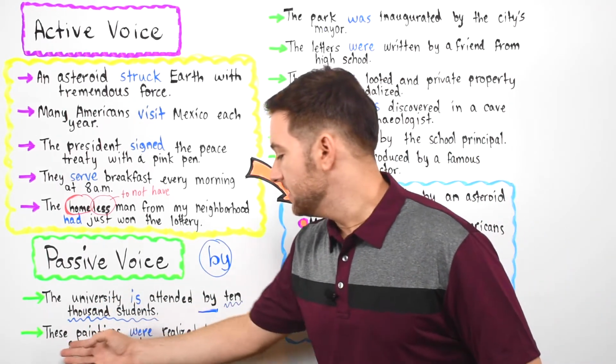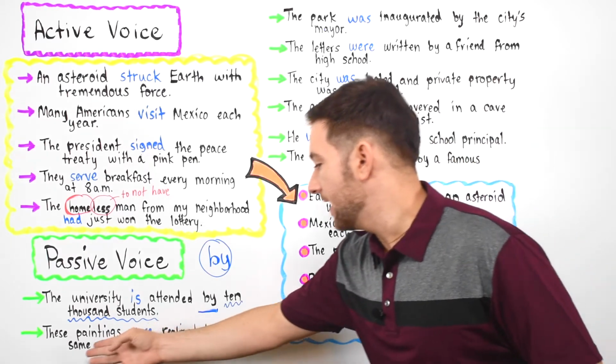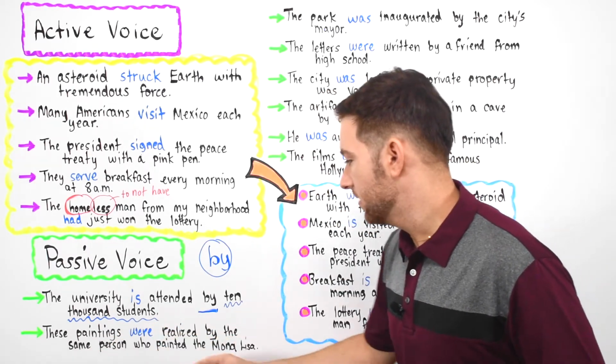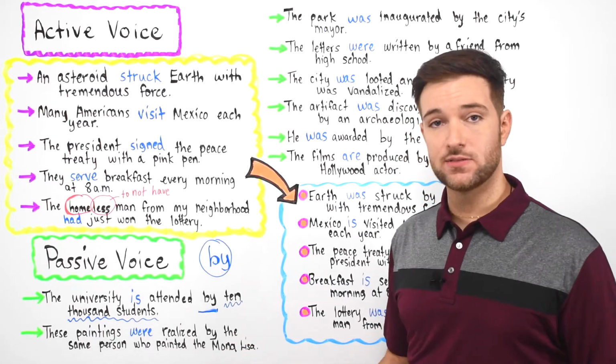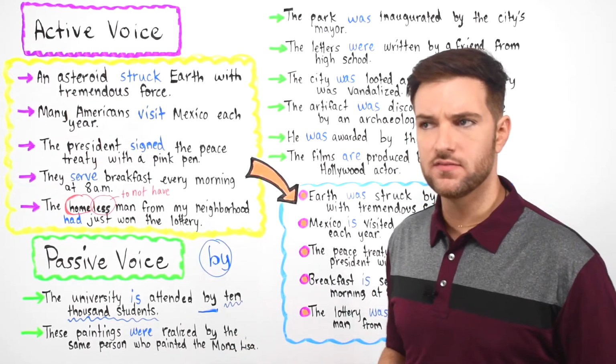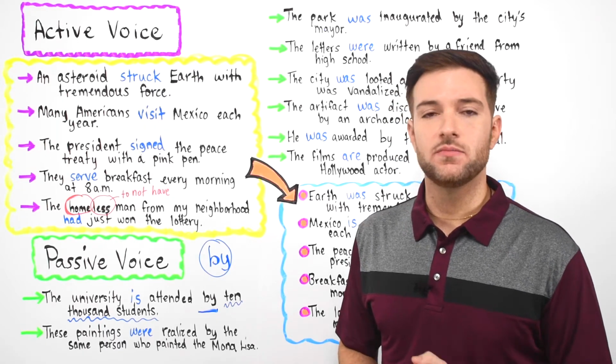Next we have, these paintings were realized by, here's that beautiful by again, the same person who painted the Mona Lisa. The Mona Lisa is a famous painting in Paris, I believe, in a museum in Paris.